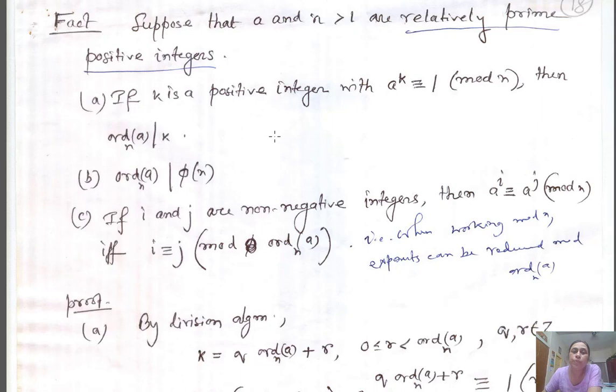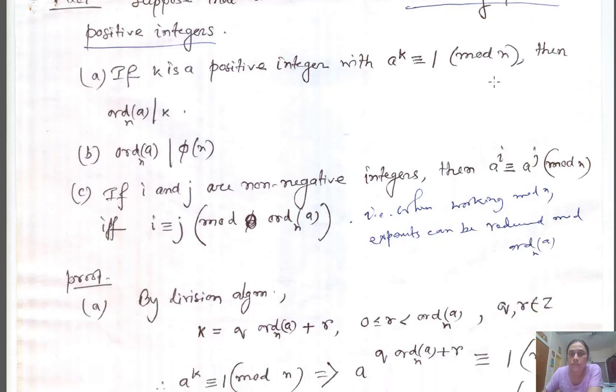Okay, so the proof is very simple. If you have this congruence, a to the power k is congruent to 1 modulo n, we have to show order of a modulo n divides k. If order of a modulo n does not divide k, then I can apply the division algorithm.